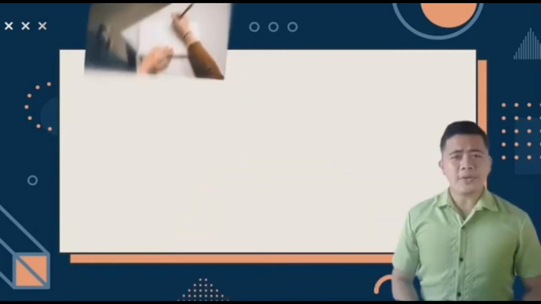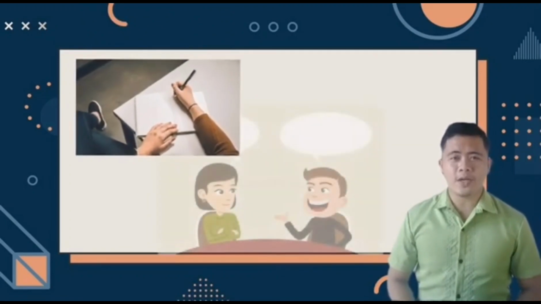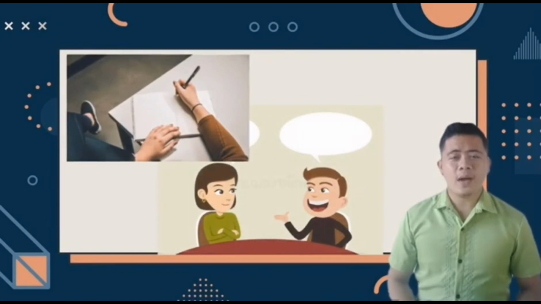Hello everyone, I am Angelo Miparanong and I am going to discuss the Grice four conversational maxims. So, let's start. When you write or talk, you generally do so with the purpose of conveying information. And the better you are at conveying information, the more likely people are to understand and accept what you have to say.